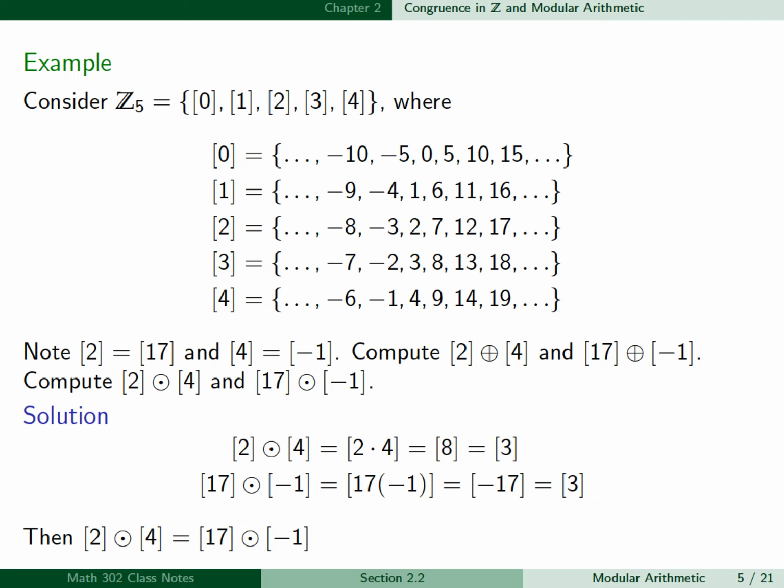And so the class of 2 times the class of 4 is equal to the class of 17 times the class of -1. So it seems to show that it doesn't matter whether we use 2 or 17 to represent our first class and 4 or -1 to represent our second class, we obtain the same result for the product.